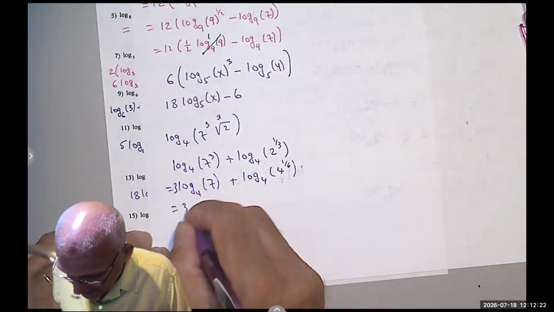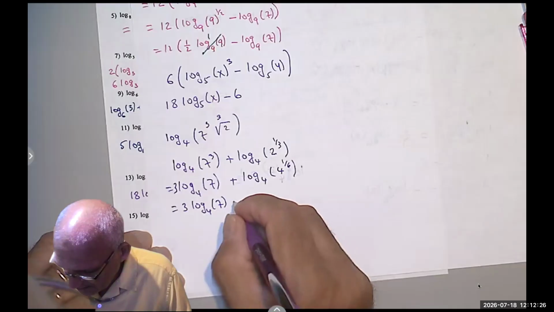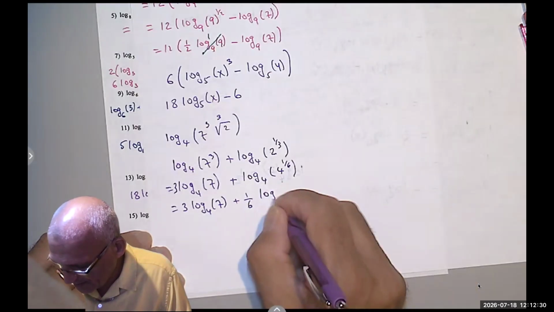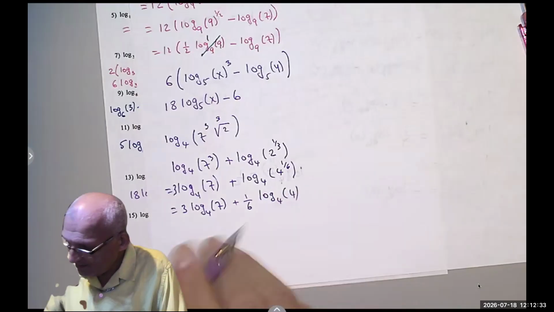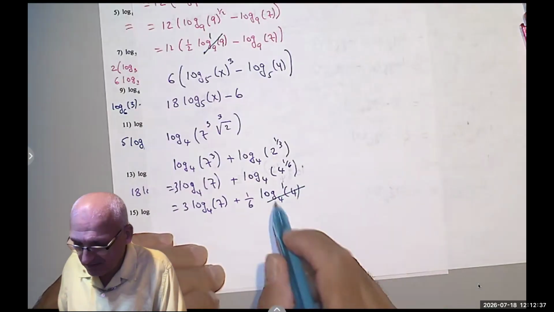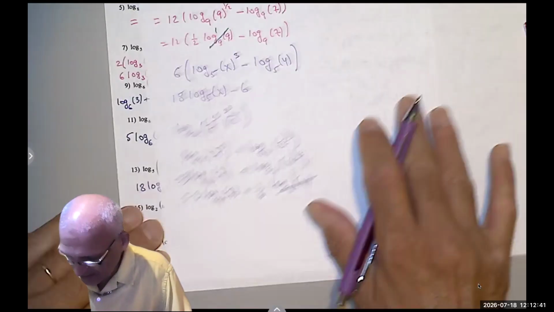So that becomes 3 log to the base 4 of 7 plus 1/6 times log to the base 4 of 4, but this equals 1, right? 4 to what power is 4? 1.